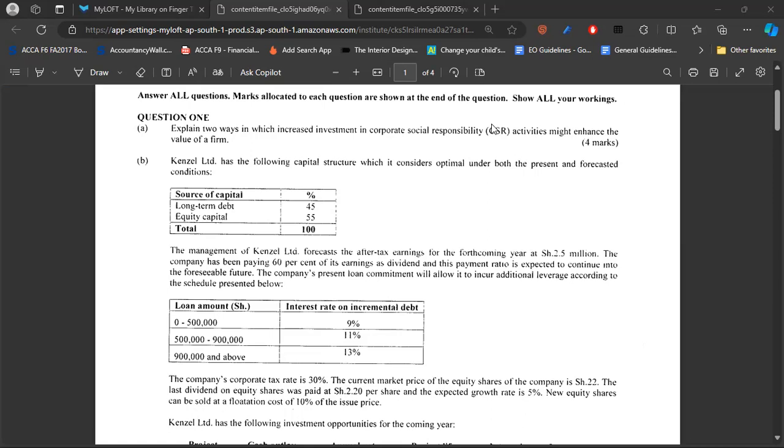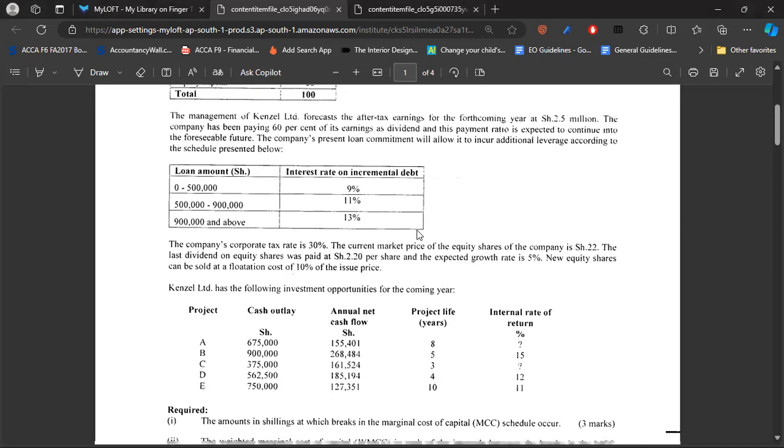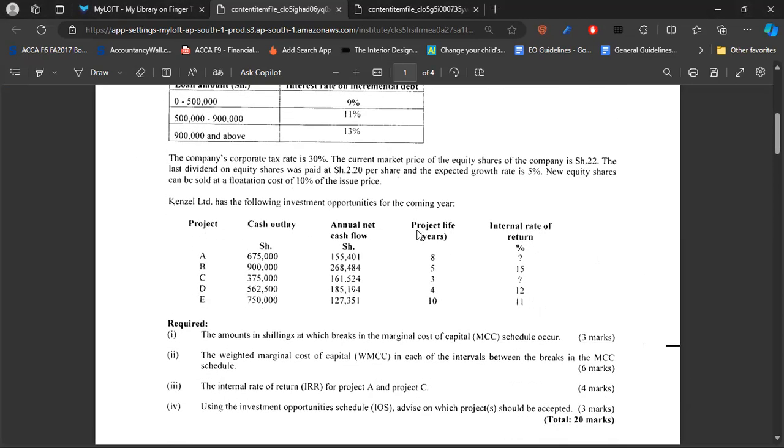The current market price of the equity shares of the company is shillings 22. The last dividend on equity shares was paid at 2.2 per share, and the expected growth rate is 5%. New equity shares can be sold at a flotation cost of 10% of the issue price. Kenzel Limited has the following investment opportunities for the coming year.